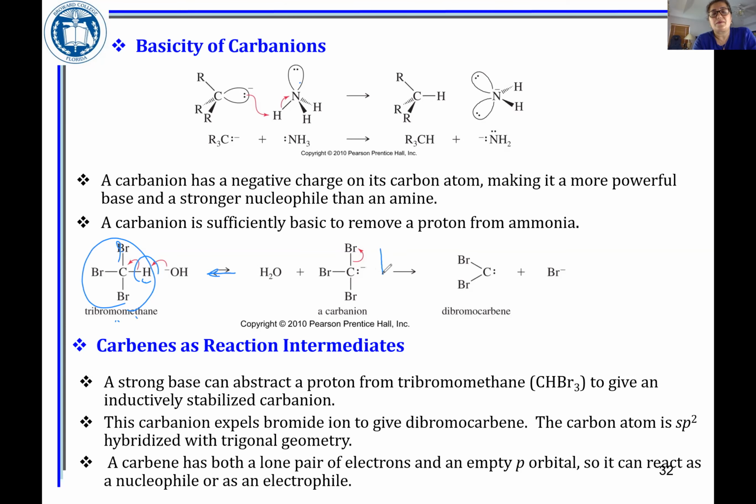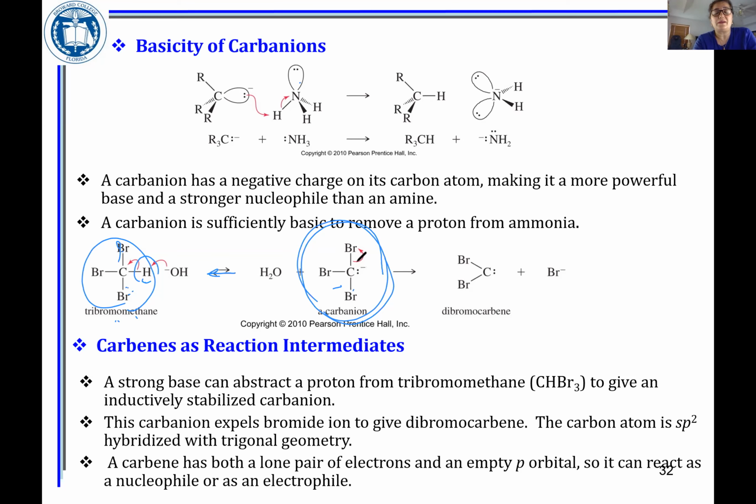So you have a base here, a strong base. This carbanion is going to be a very strong base because it's coming from a weak acid. The weaker the acid, the stronger the base. Acid-base conjugate, remember chapter 2. So carbanion is a strong base.